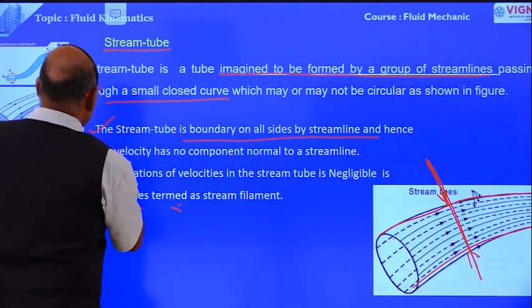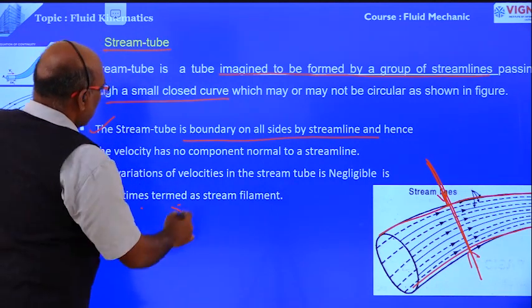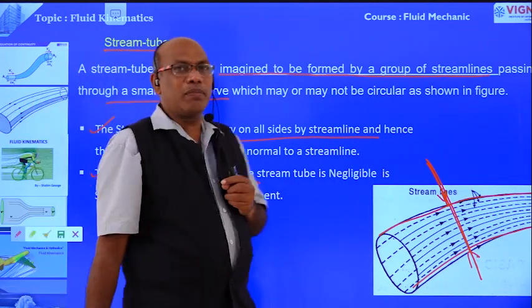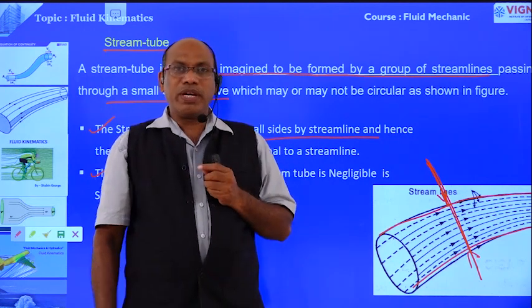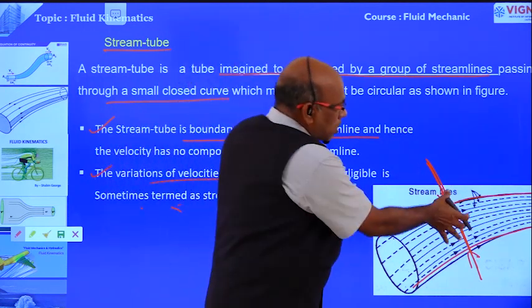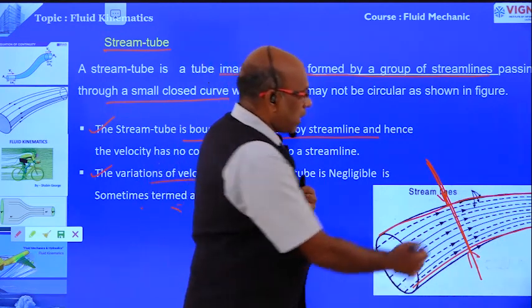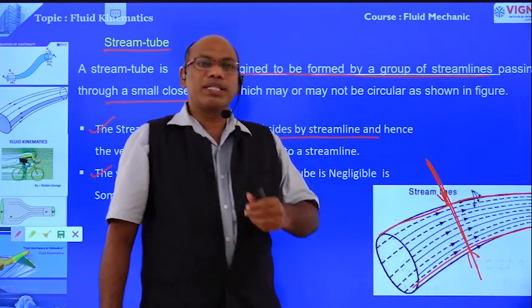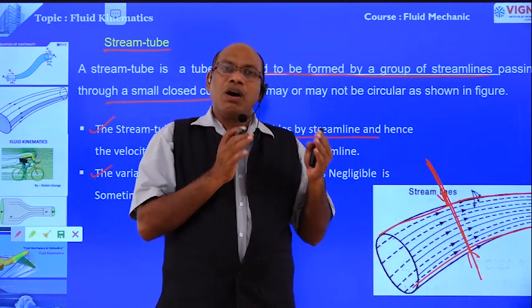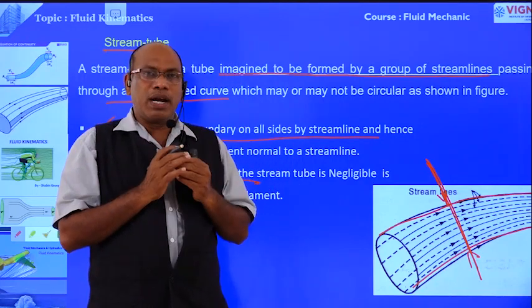And another one, the variations of velocity in this stream tube are neglected because that is a very small closed area.